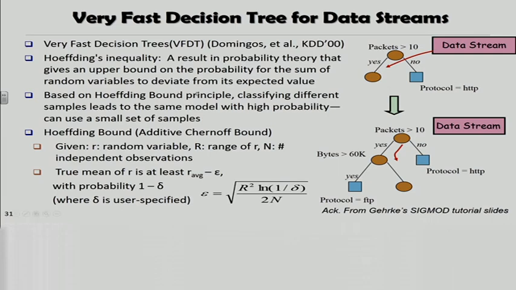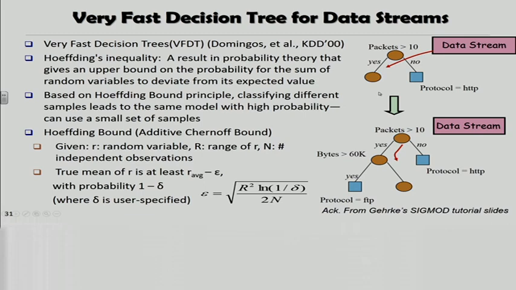Very fast decision tree means you dynamically construct a decision tree based on your data stream. When you first get the data set, for example, you want to check whether the protocol is HTTP or not.